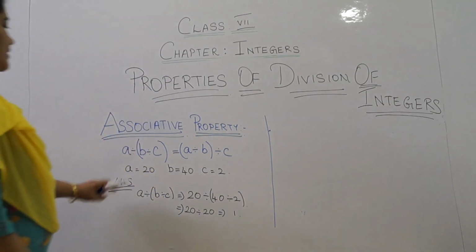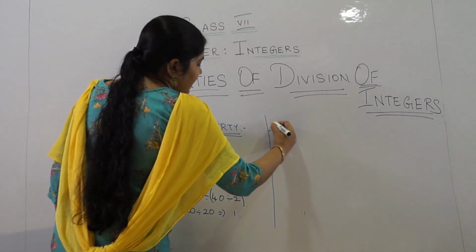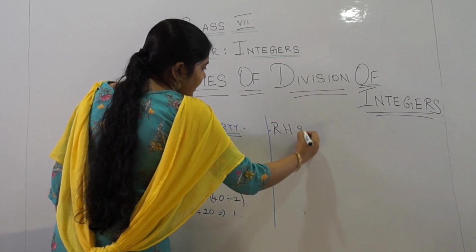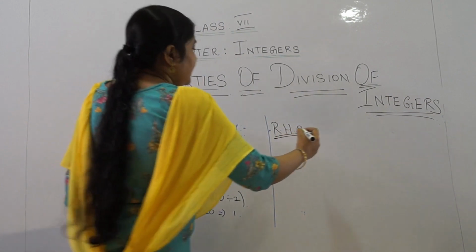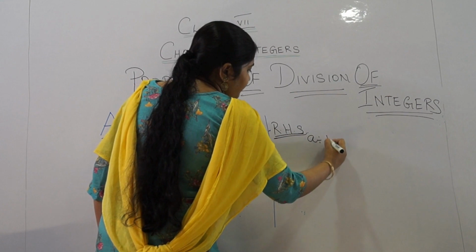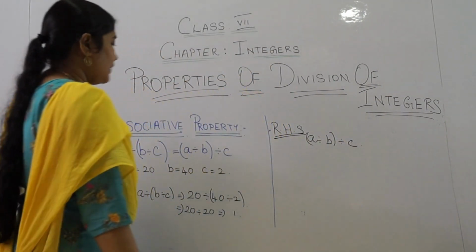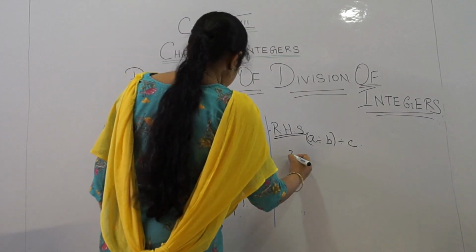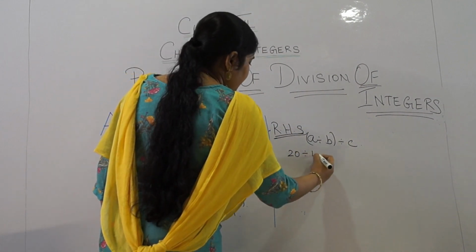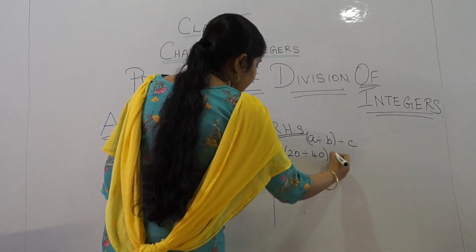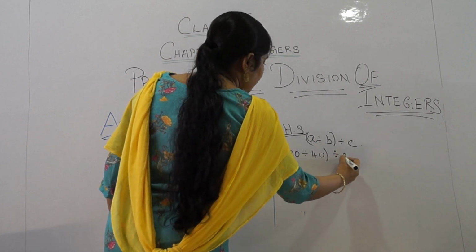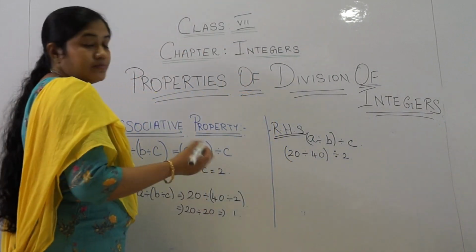Now let's check the RHS. We have a divided by b, divided by c. So what are my values? a is 20 divided by 40 in brackets, this divided by 2. What is in the bracket should be solved first.